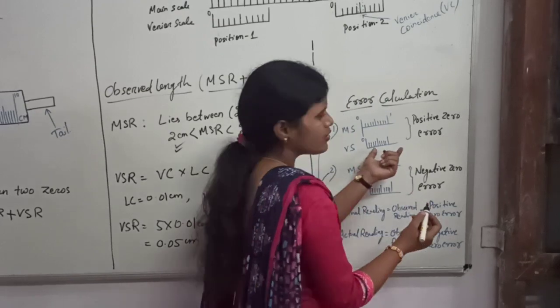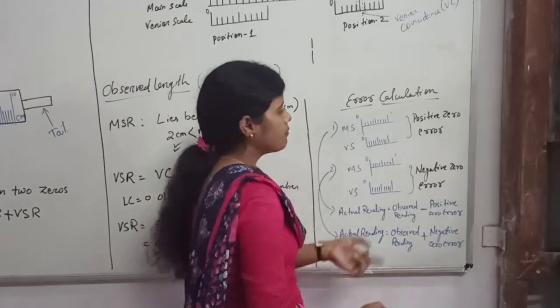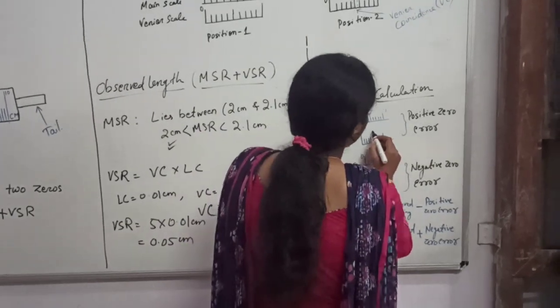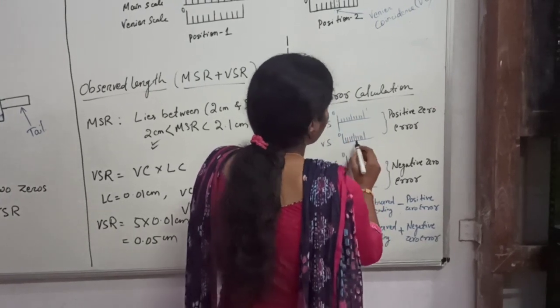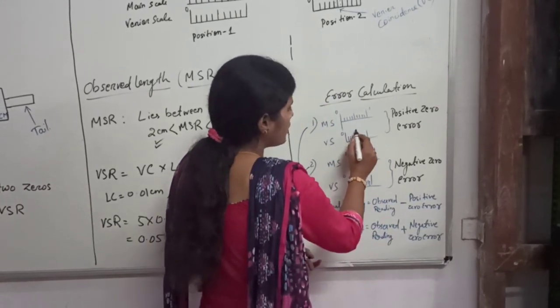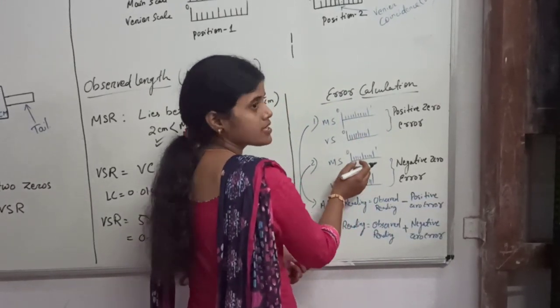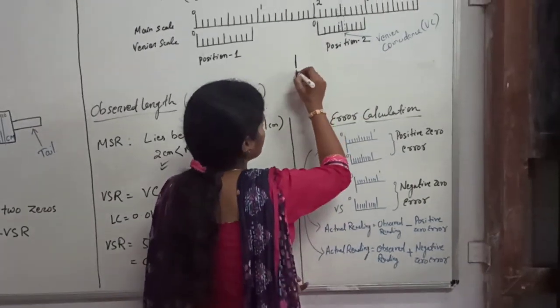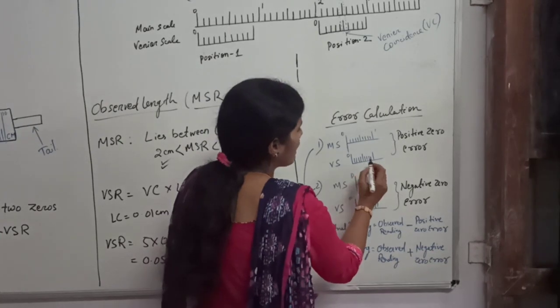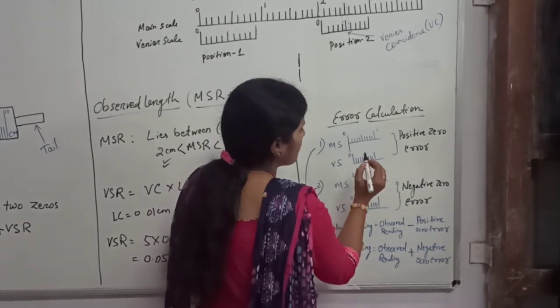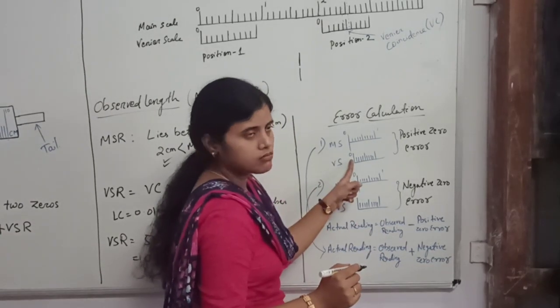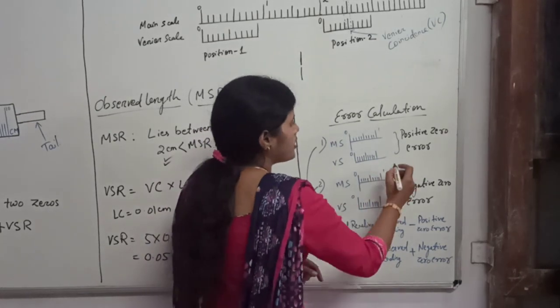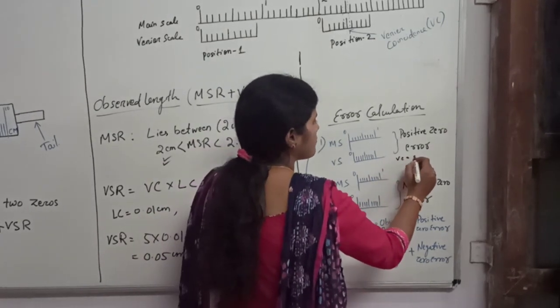Suppose, for example, just a rough diagram, the fifth line is coinciding with a division of the main scale, coming in a straight line. So you count 1, 2, 3, 4, 5. You don't have to count the zero. So here VC is 5.